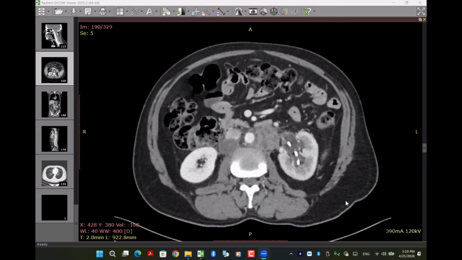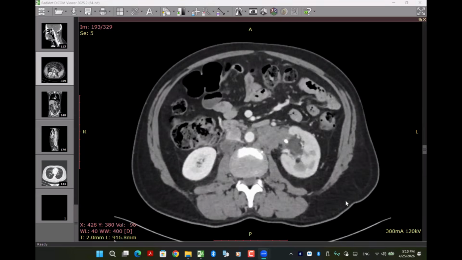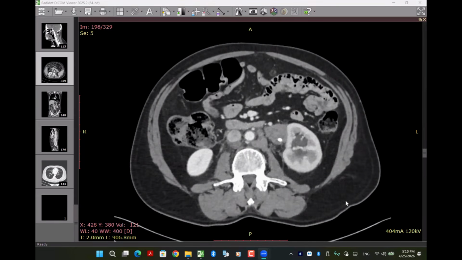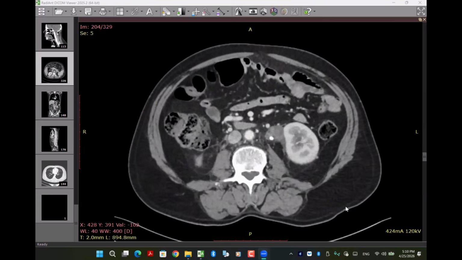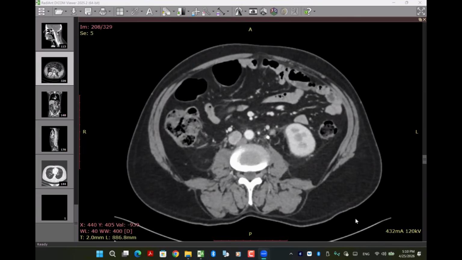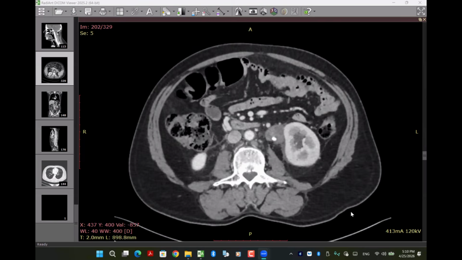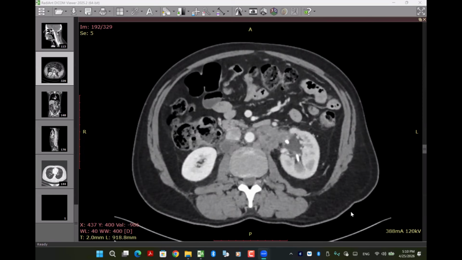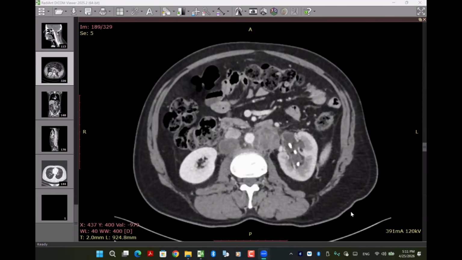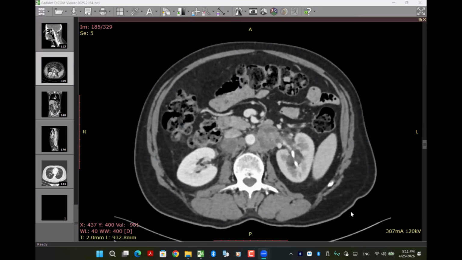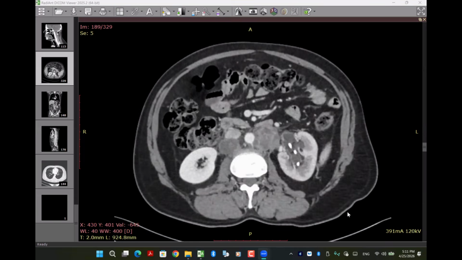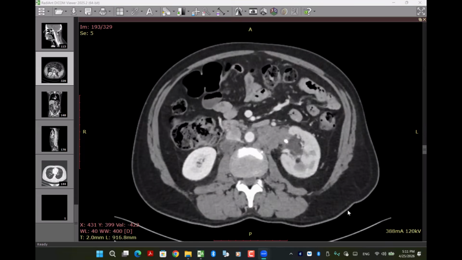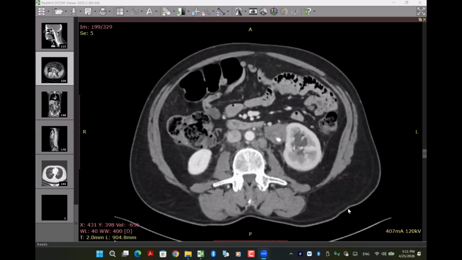It shows central areas of necrosis. I cannot see any calcification within it. This lesion is encasing the left ureter and also indenting upon the left kidney. Due to this lesion, I can also appreciate some mild hydronephrosis within the left kidney.